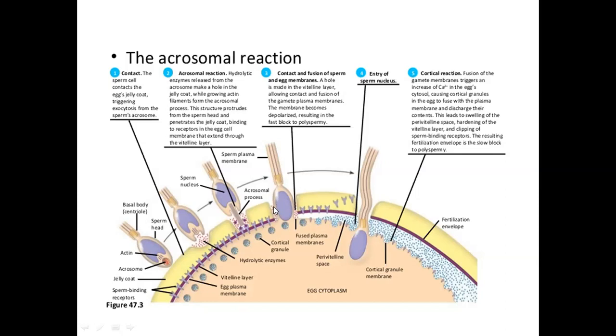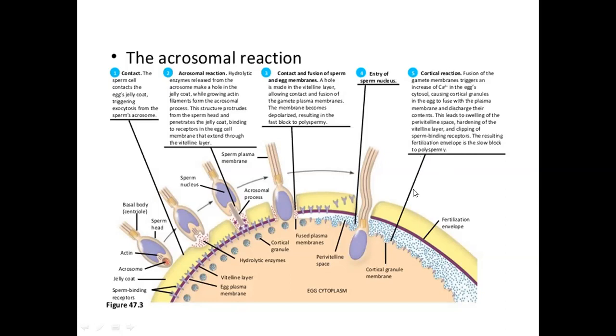That is, the membrane of the sperm fuses with the vitelline membrane, and the sperm nucleus enters into the ovum, and there is a cortical reaction to prevent polyspermy.